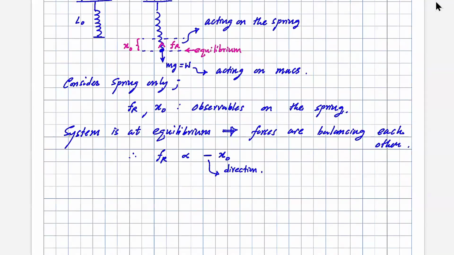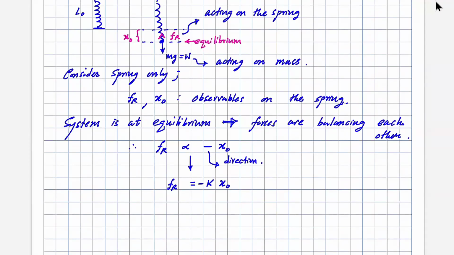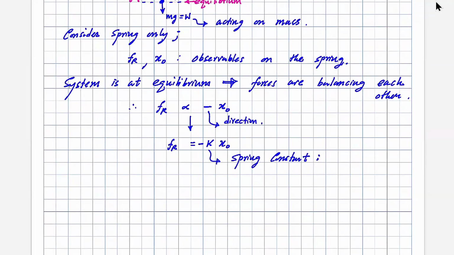Now we know how to convert a proportionality to an equality by introducing a constant, constant k, right? So in this description, this k is considered to be the spring constant.